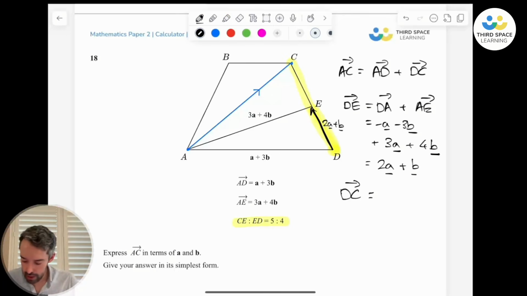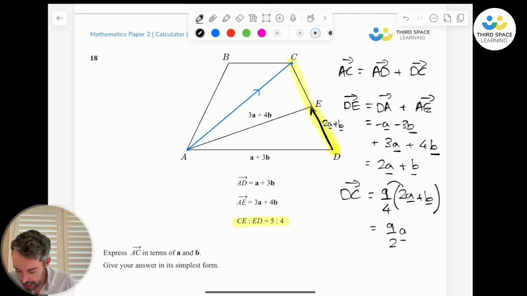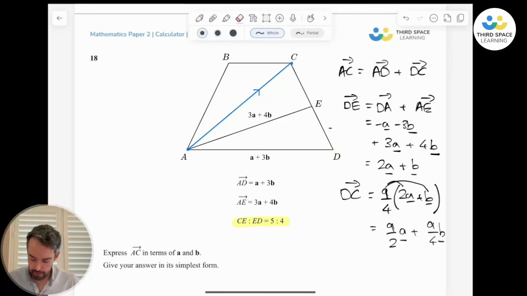So we're going to do 9 over 4 multiplied by 2a plus b. Let's expand those brackets. 9 over 4 multiplied by 2a is 9 over 2 a, plus 9 over 4 multiplied by b is 9 over 4 b. So this is looking pretty good. We now know all the way from D to C.